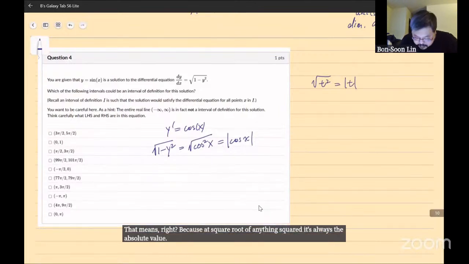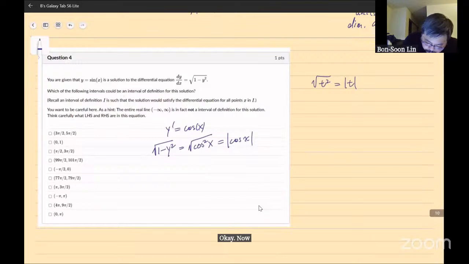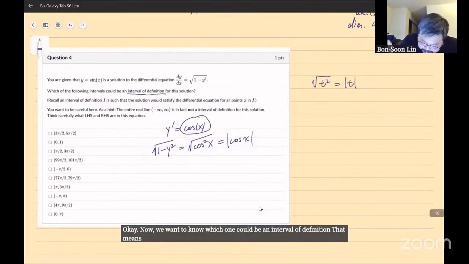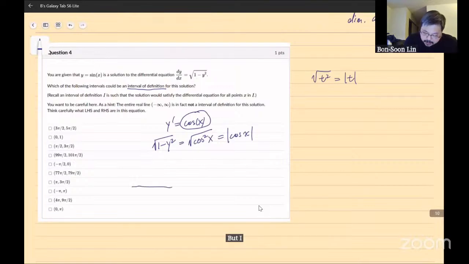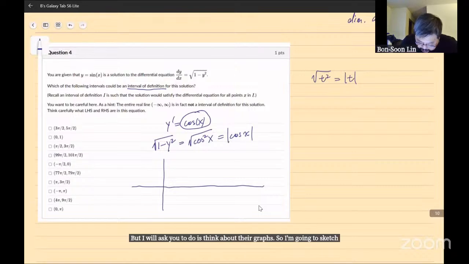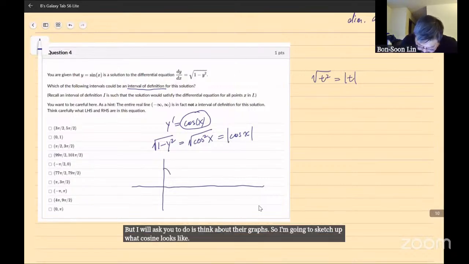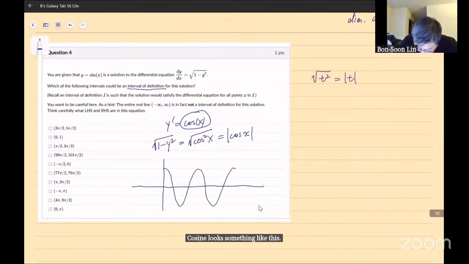Now we want to know which one could be an interval of definition. That means we need to know when cosine of x is equal to the absolute value of cosine of x. What I would ask you to do is think about their graphs. So I'm going to sketch out what cosine looks like. Cosine looks something like this, right?